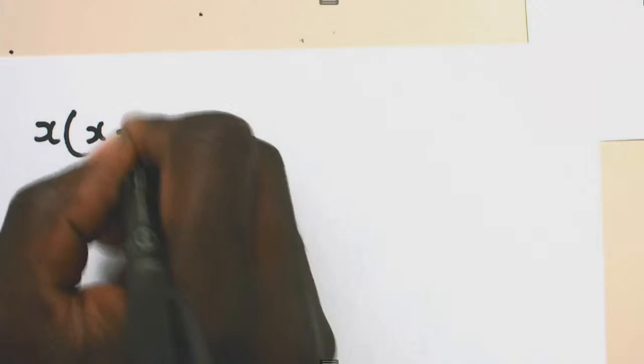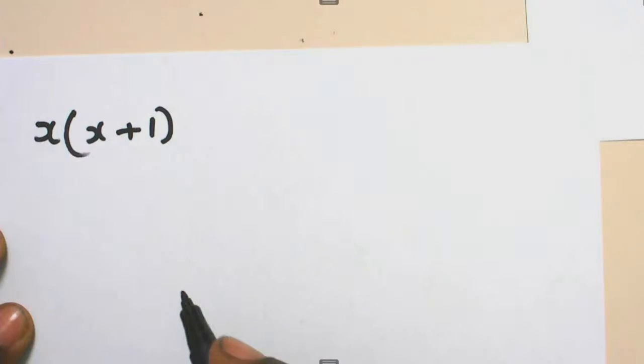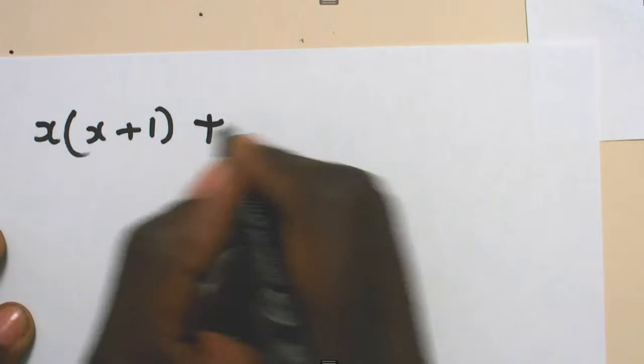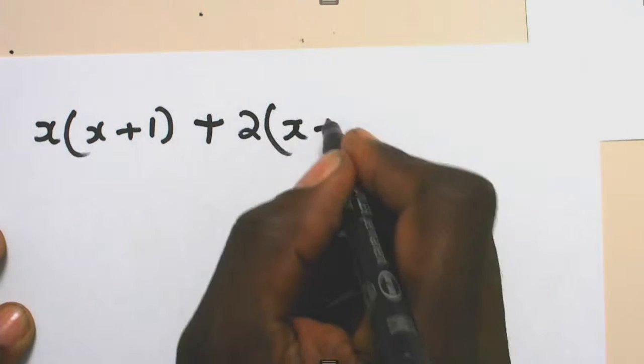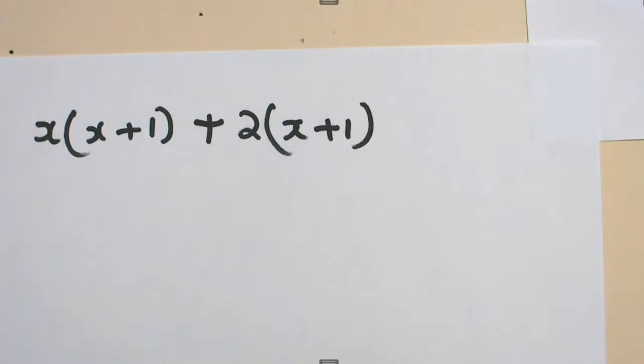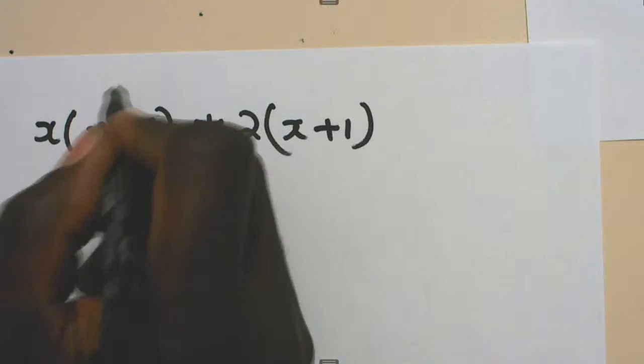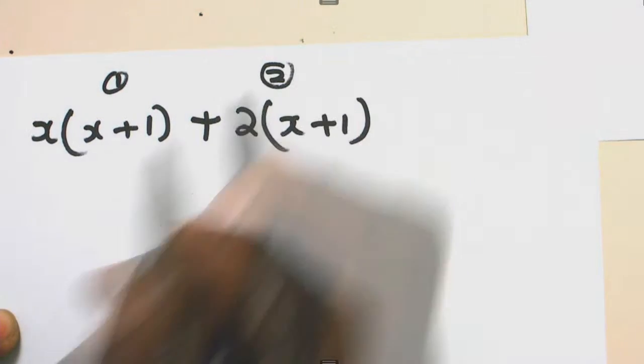Let's take the other example again. x into x plus 1 plus 2 into x plus 1. This is still part of taking out a common factor. Firstly, go to the procedure. What are the factors of the first term and the second term?